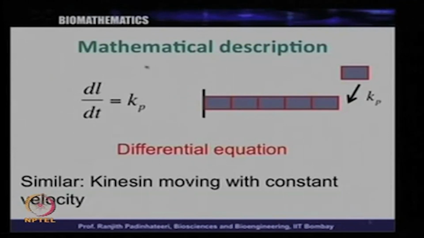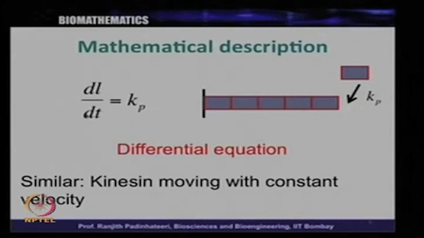We can say the mathematical description is something like this, where dl by dt is equal to Kp. This is what is written here. Now, what does this mean? dl by dt, as we saw, means the change in length dl when the time changes by an amount dt.